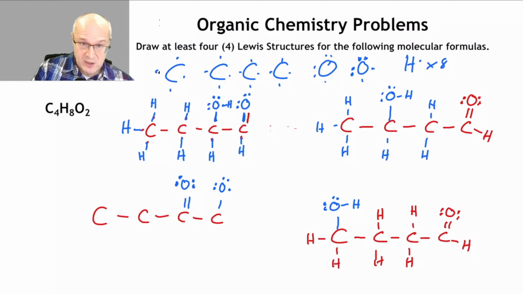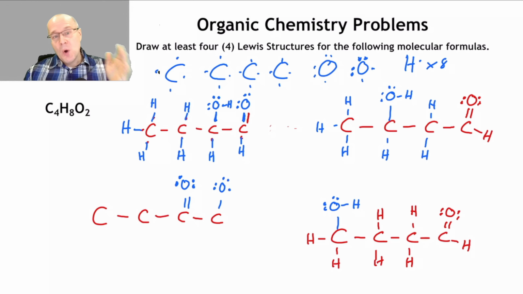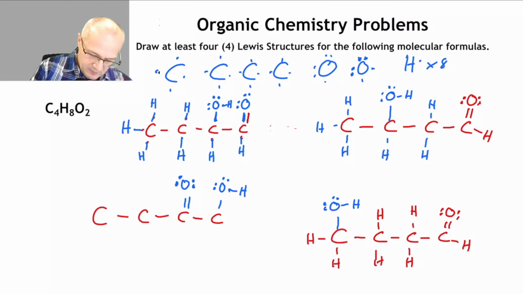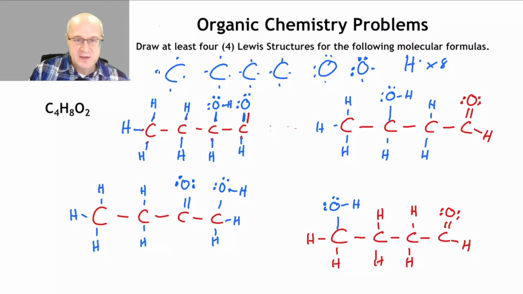Don't put any more bonds there. 2, 4, 6, 8. This carbon has a filled octet. Don't put any more bonds there. And then fill in the rest. Hydrogen here. 1, 2, 3, 4, 5, 6, 7, 8 hydrogens, 4 carbons, 2 oxygens. Satisfies that formula.